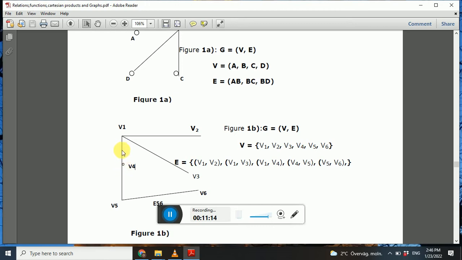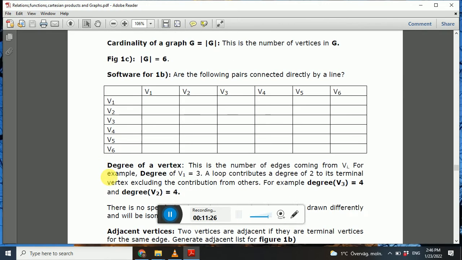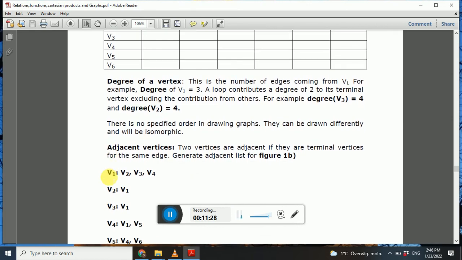There is this edge here from V1, and there's also the second edge connecting to V5. So V4 has degree 2, and so on. So as simple as that. And this will be true for undirected graph. Otherwise, when it comes to a directed graph, then you will see the different terminology that we shall use.